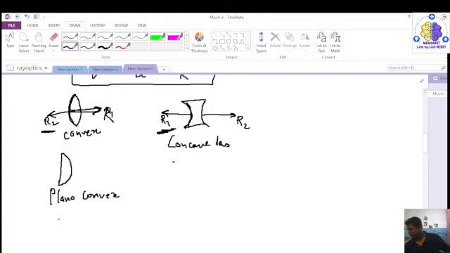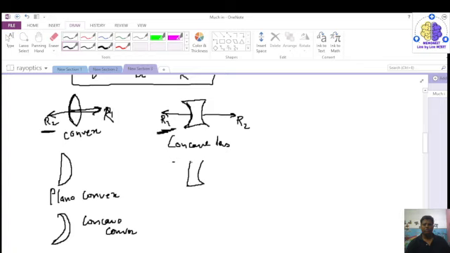Third is your concavo-convex, right? Similarly, in concave lens, this is plano-concave, and then convexo-concave, right?